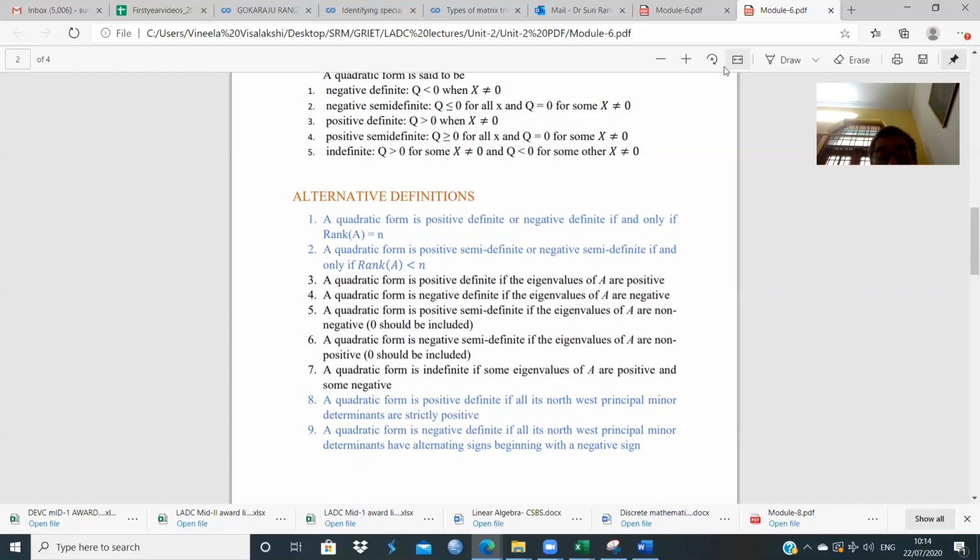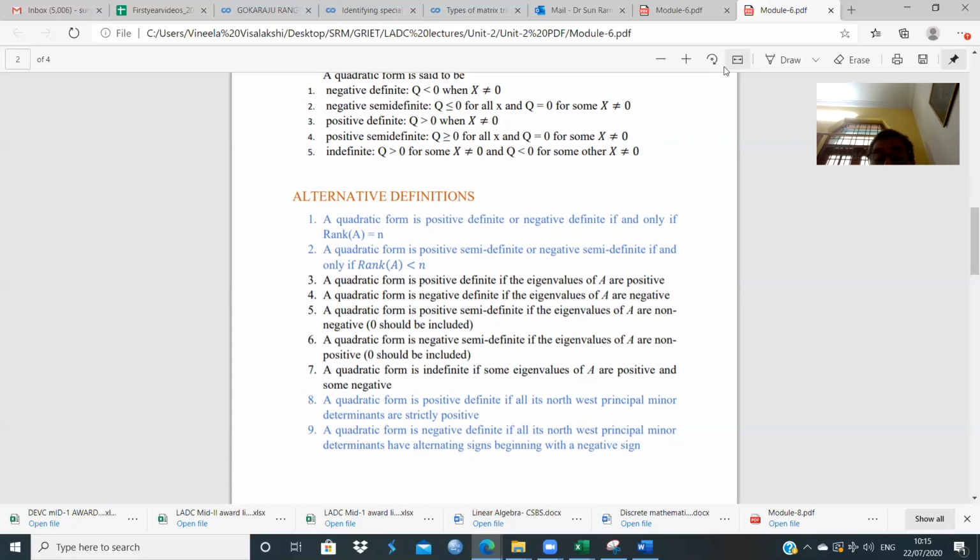But by far the most convenient way of testing definiteness of a quadratic form is to find the eigenvalues of the corresponding symmetric matrix. So we say the quadratic form is positive definite if the eigenvalues of A are positive. And quadratic form is negative definite if the eigenvalues of A are negative.